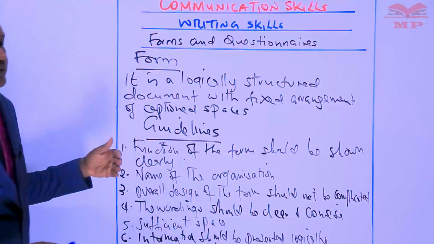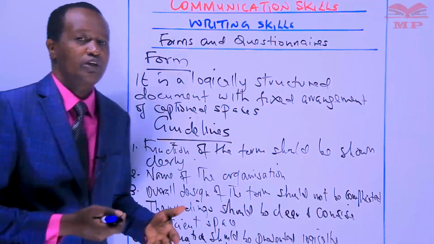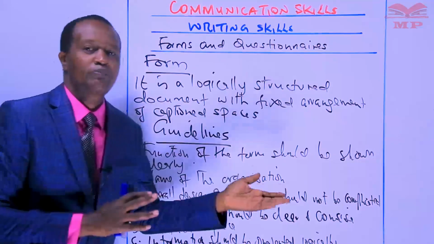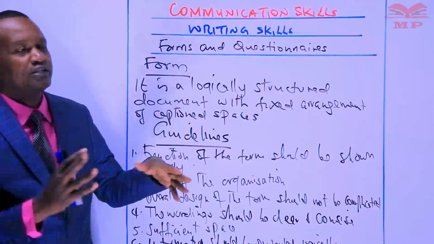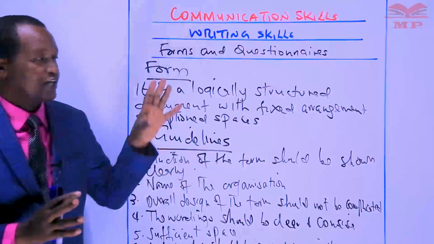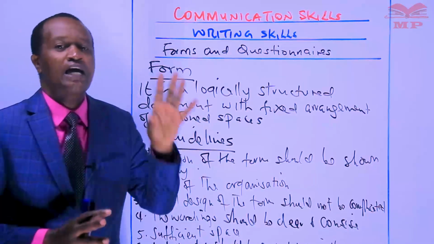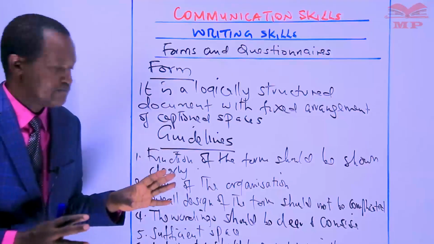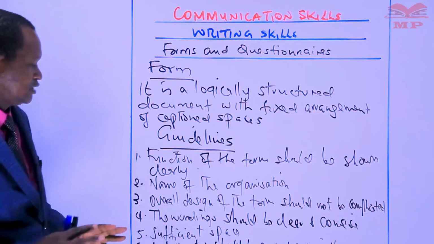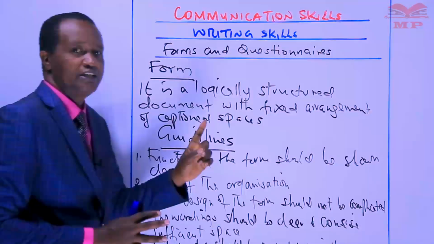Then the third copy to the accounts should be in color yellow. So if it's a form that is to be distributed to several parties where copies are required in different departments, then each department should have a copy in its own or different color.